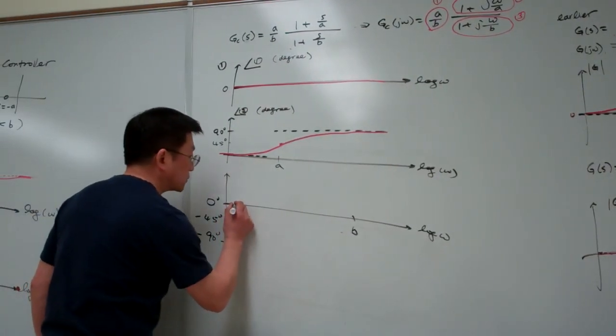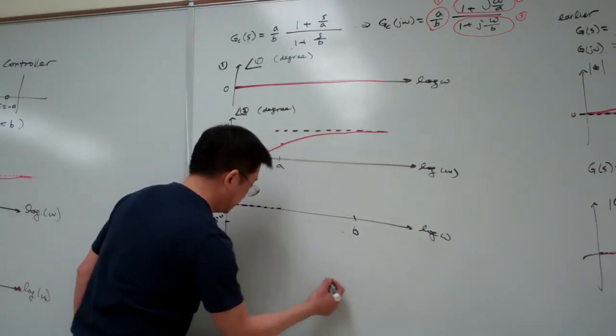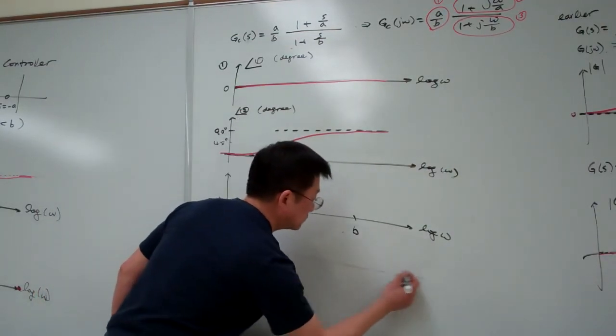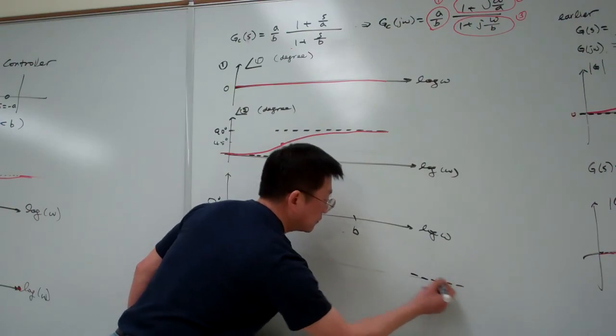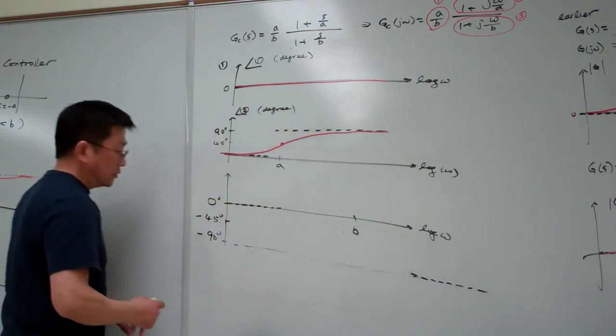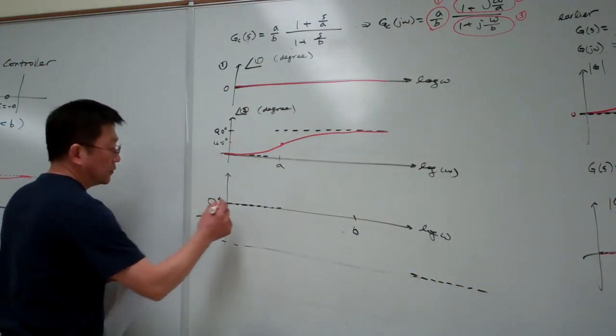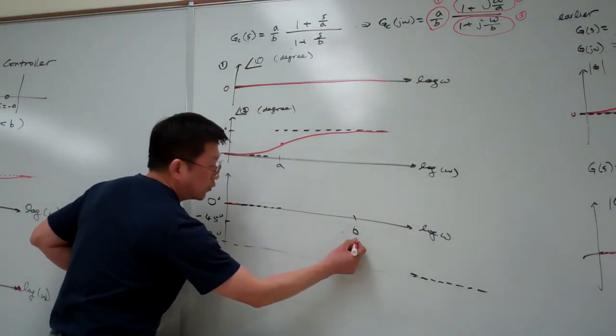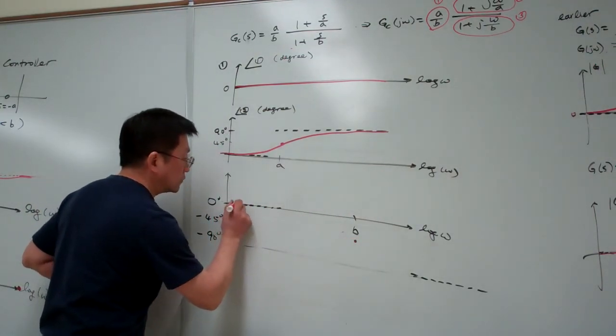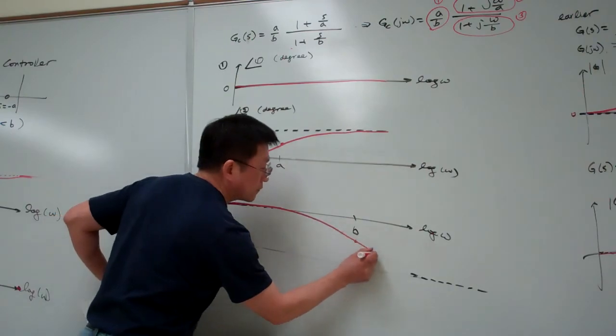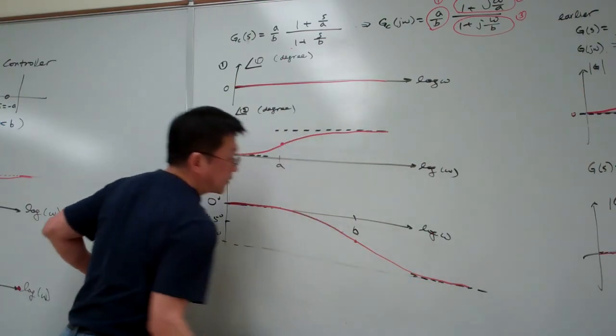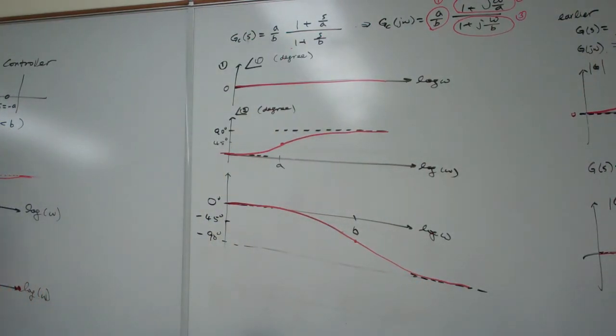So here the asymptote is something like this. Here is 0, at point B here is minus 45, something like this. Okay, good.